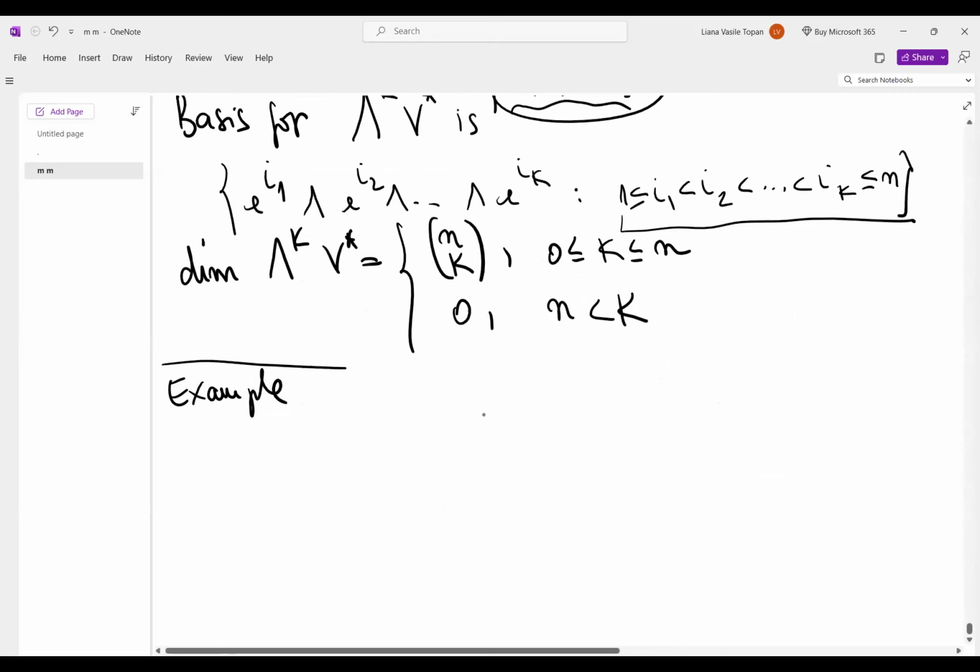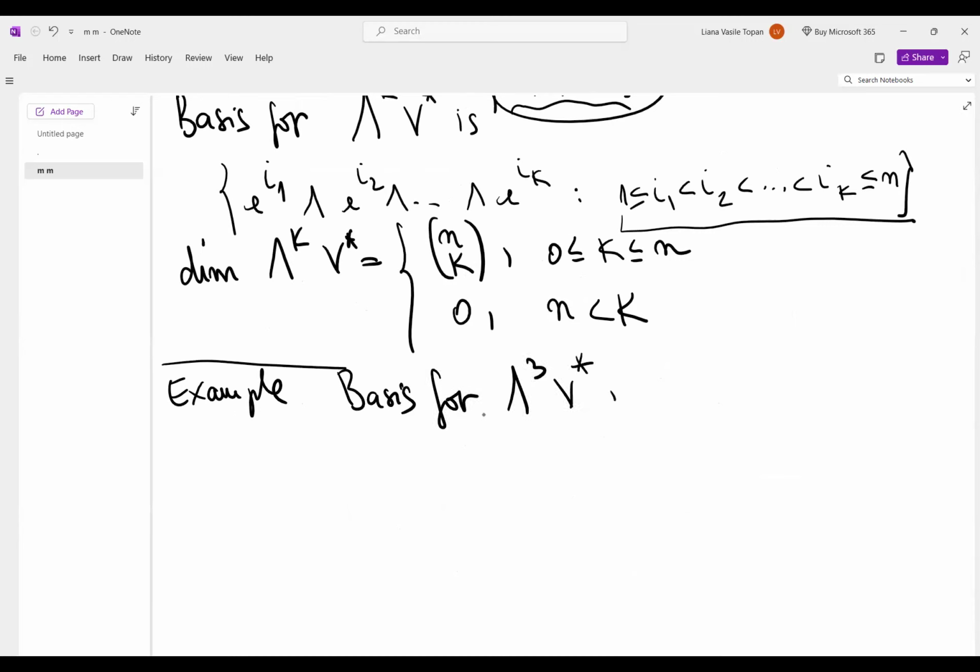Okay, so now as an example, let's write down a basis for the third exterior power of V star if the dimension of V, which is the same as the dimension of the algebraic dual, is equal to 5.